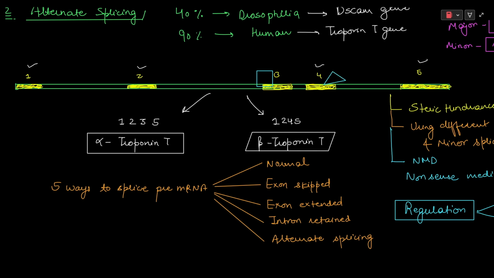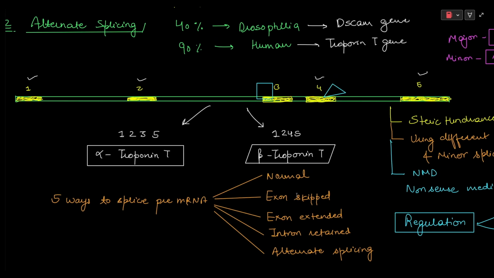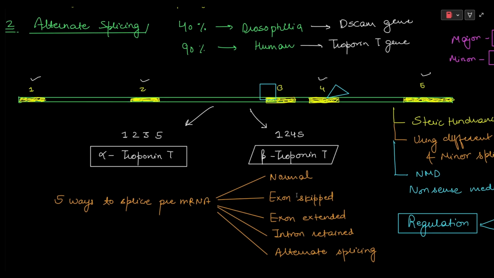Now, using these two enhancer and silencers, the cell increases the splicing of the exon 4 and suppresses the splicing of exon 3. As a result of that, only the beta troponin T will be formed. So this can happen, right? So this is, you can say, the method using which the cell can regulate the type of splicing that it wants, right?